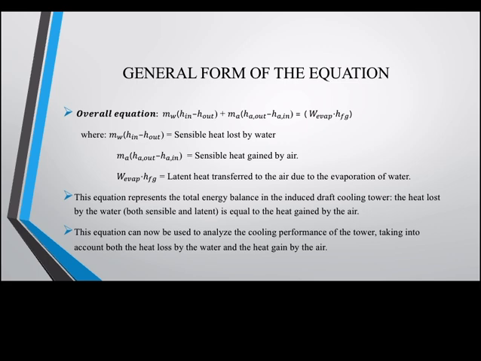The heat lost is equal to the heat gained. So this equation can now be used to analyze the cooling performance of the tower, taking into account both the heat lost by the water and the heat gained by the air.